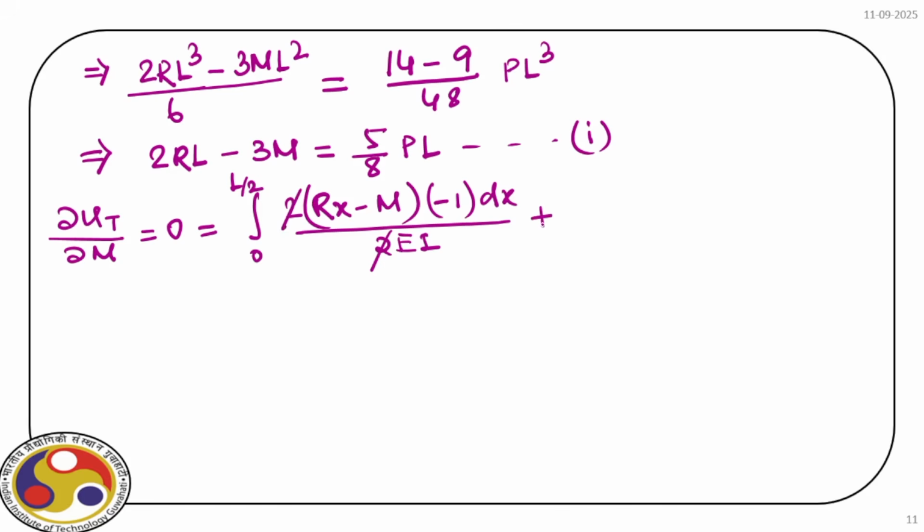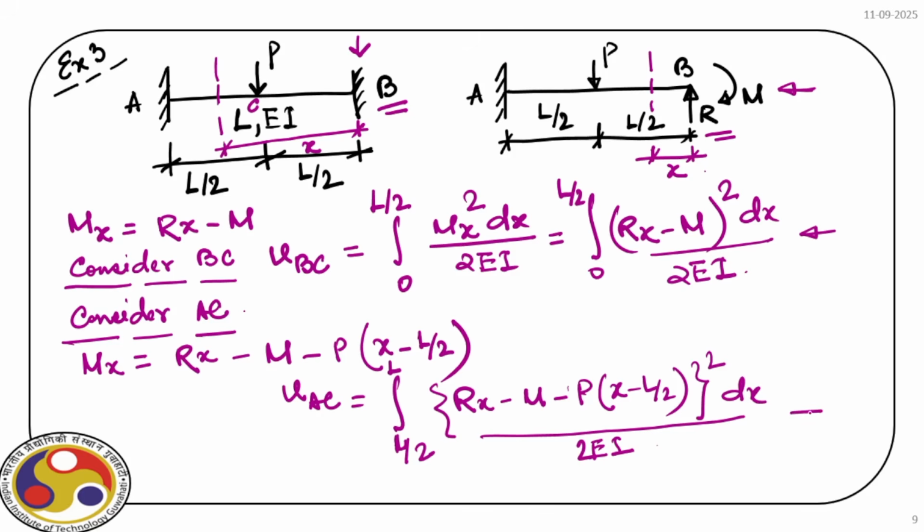Then plus we have the second part, and for that we have L by 2 to L. And if you look at the expression, it is here. So if we differentiate this expression, we have the third bracketed term, then the same with respect to M, that will offer -1, right?